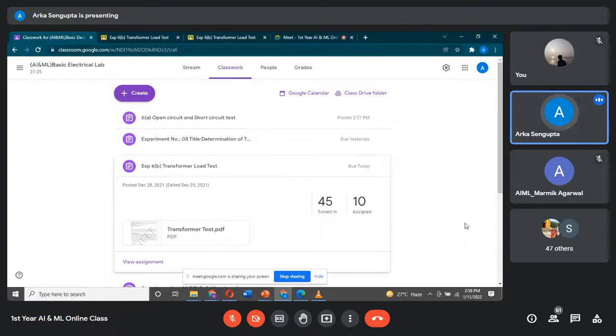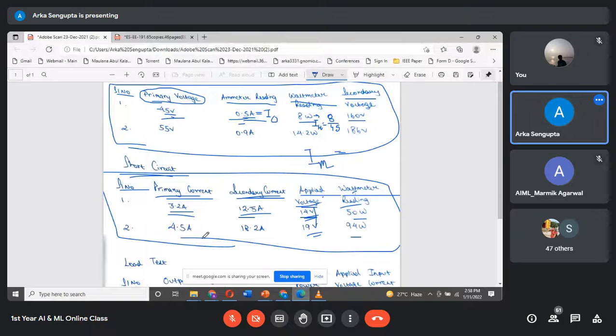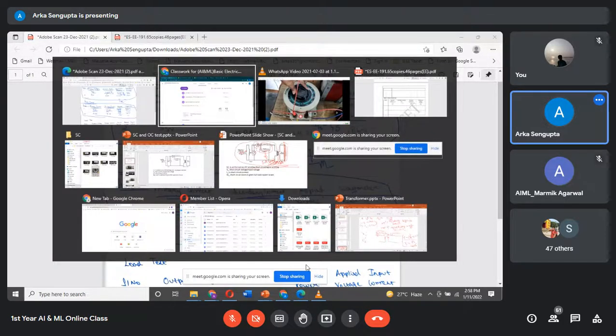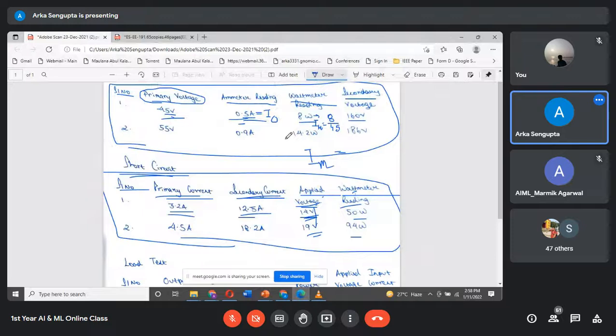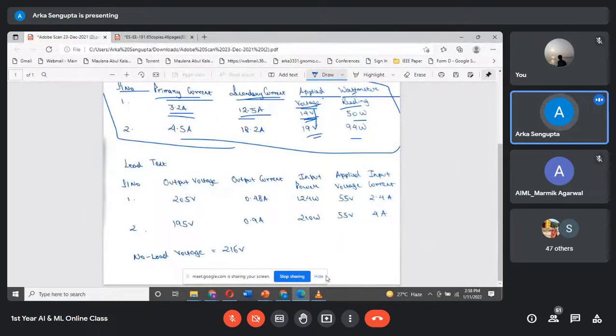There, whatever I have said, you will submit. Now in this case, what you will submit first is the title of the experiment. Second, the observation table for the open circuit test.